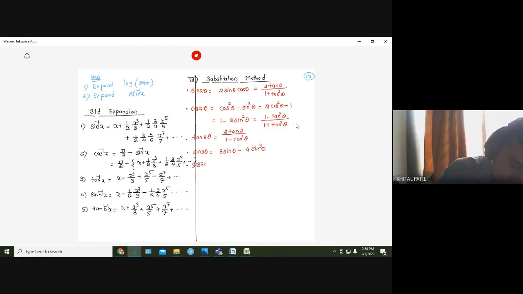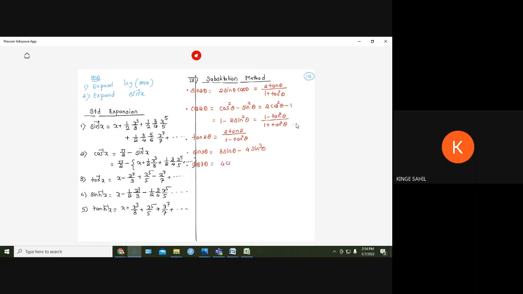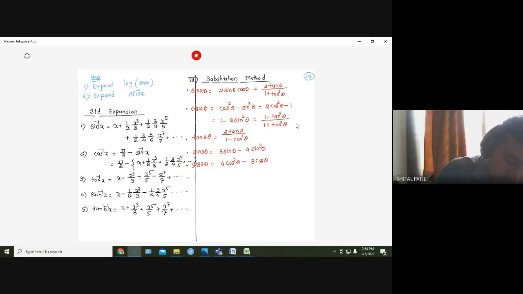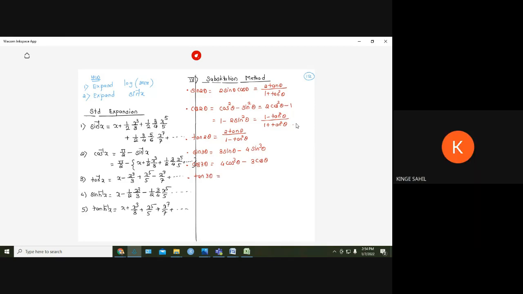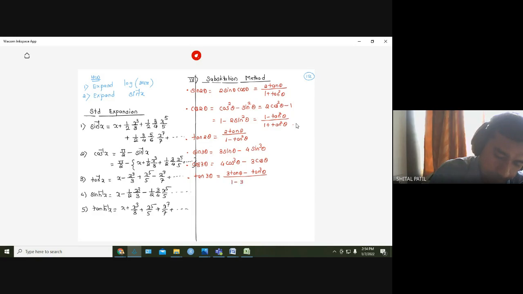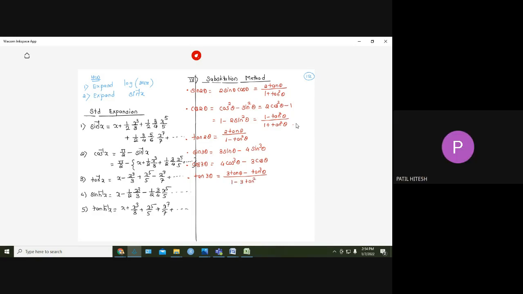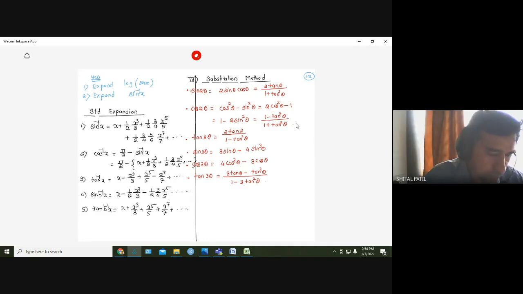Cos 3 theta is 4 cos cube theta minus 3 cos theta. Does anyone remember the tan 3 theta formula? Sir, tan 3 theta is 3 tan theta minus tan cube theta upon 1 minus 3 tan square theta. Okay.